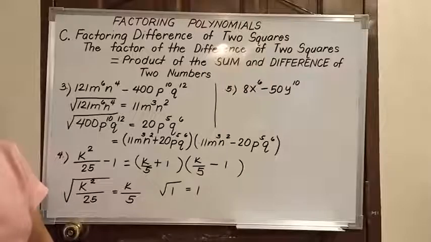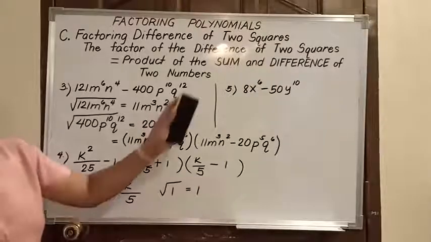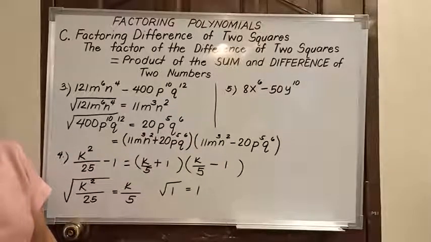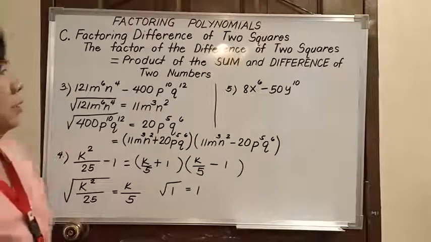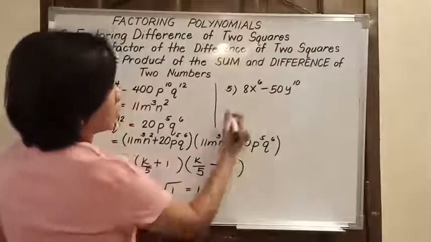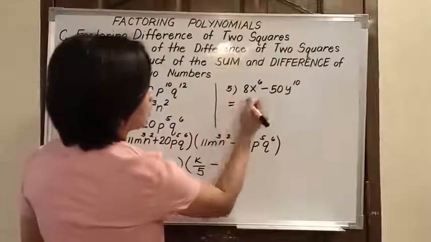Therefore, before getting the sum and difference, you have to factor this using the first type, factoring common monomial. What is the common factor between 8 and 50? Common factor is 2.